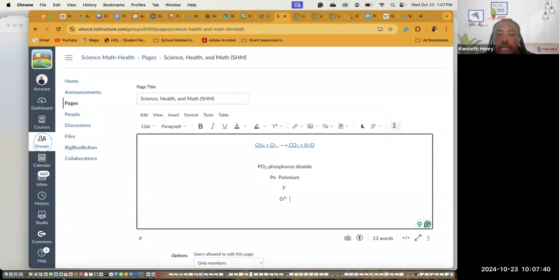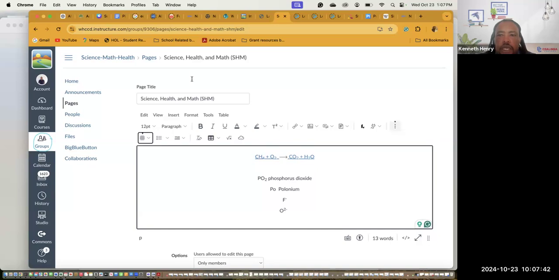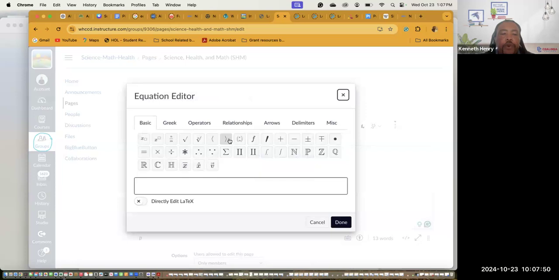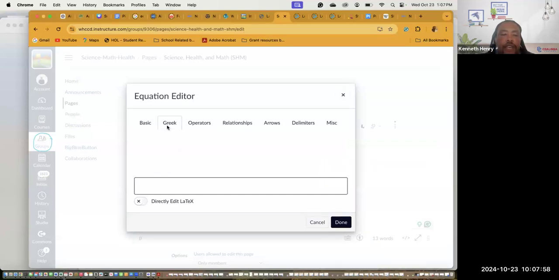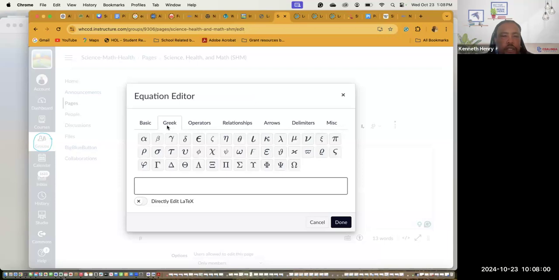So what you're going to do is hit the 3 dots. And then you're going to go down to the square root. Okay, so you're going to select the square root. Now, the square root has all of our basic mathematical operations. It also has Greek letters, because sometimes we may need Greek letters.